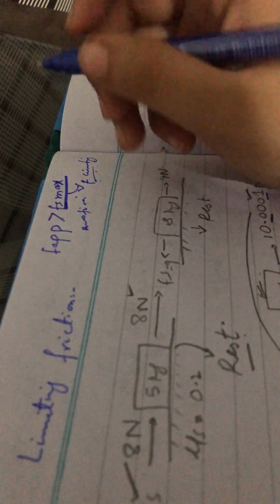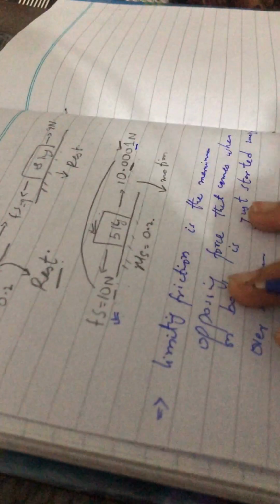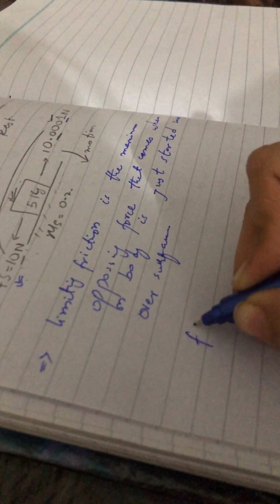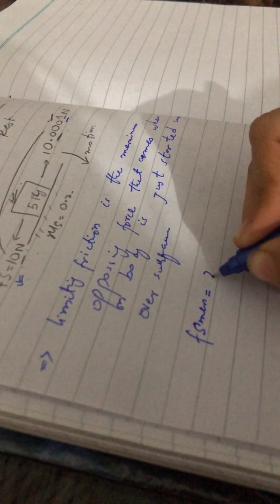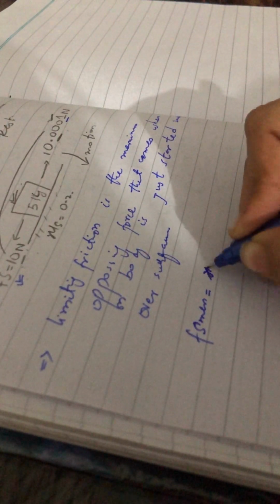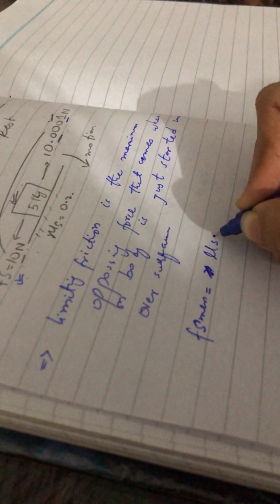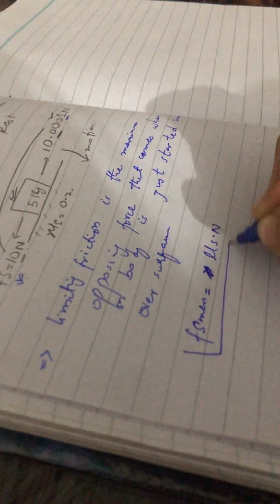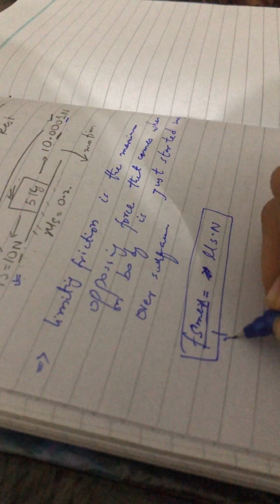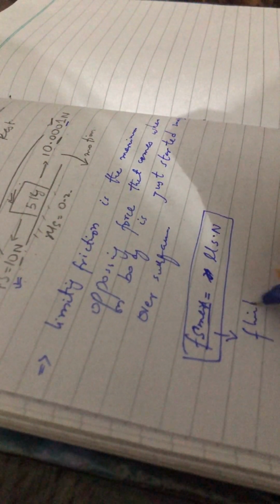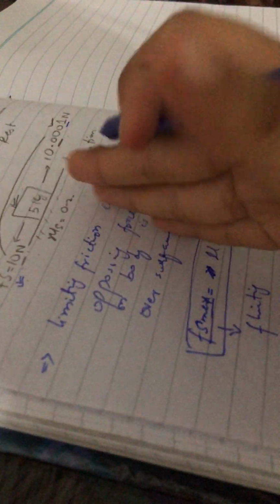As we discussed before, the value of the static friction maximum was Fs max equals mu s times N. So this Fs max is only replaceable by Fs limiting, because at the maximum value we have also seen that the body will start moving.